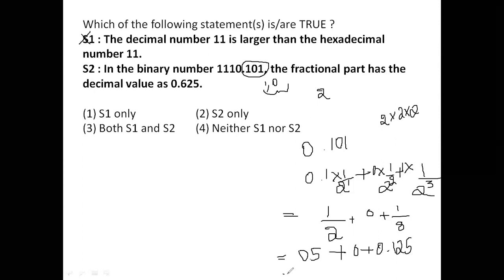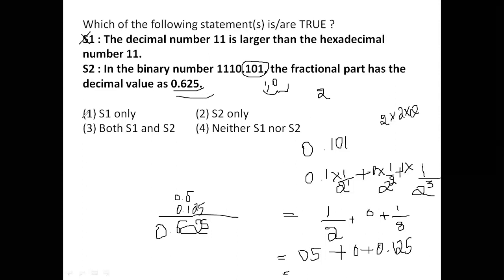Let's add together. When you add 0.5 and 0.125, it is going to be 0.625. So it's right. In the binary number, 0.101 will be represented as 0.625.